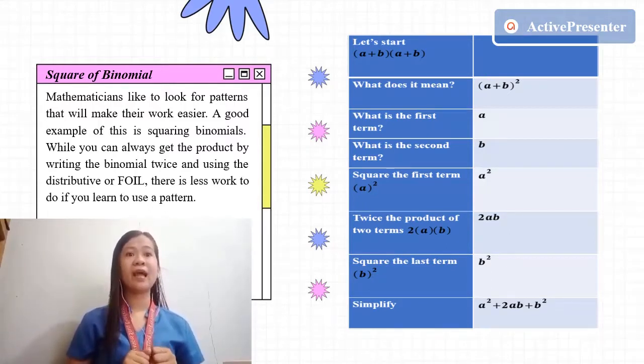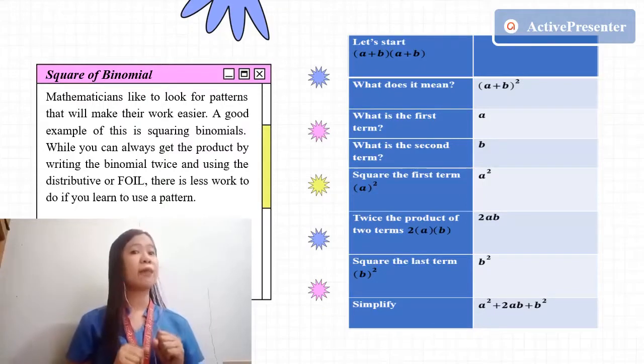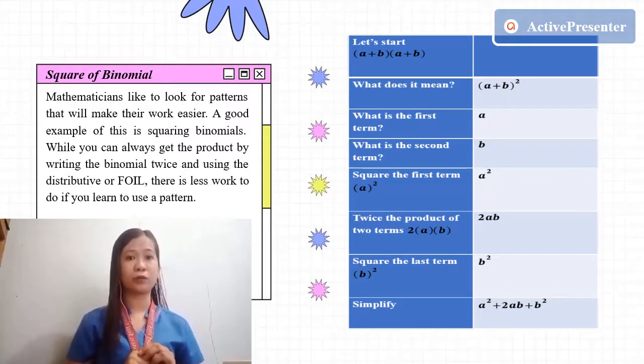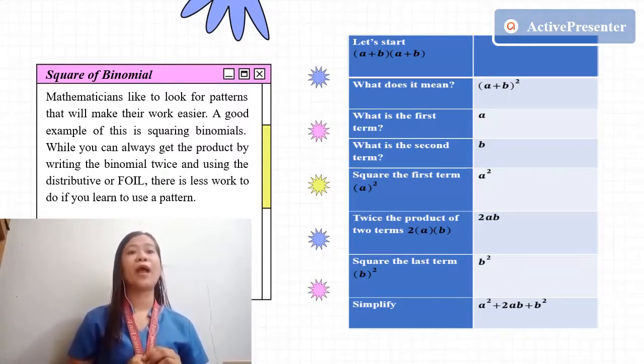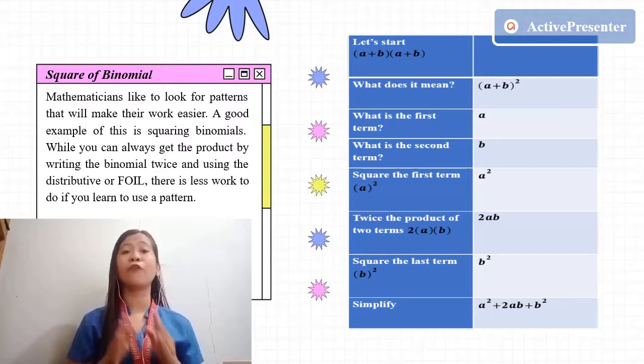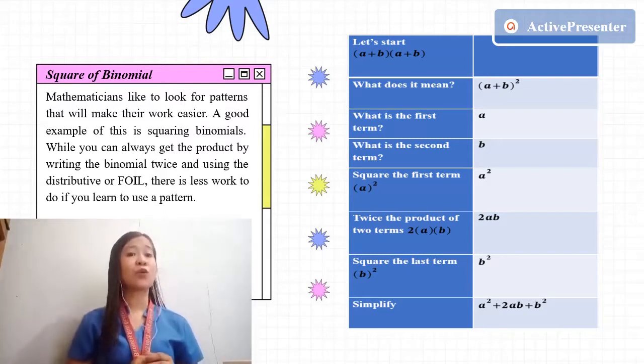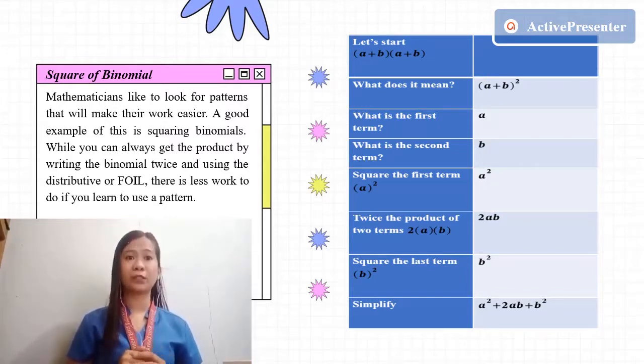Then let us find twice the product of the two terms. We have 2 times the product of a times b, so we have 2ab. Next, let us square the last term. Our last term is b, so b squared is equal to b squared.